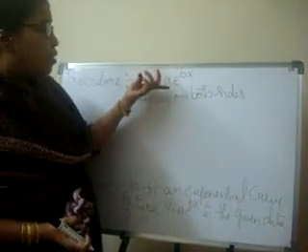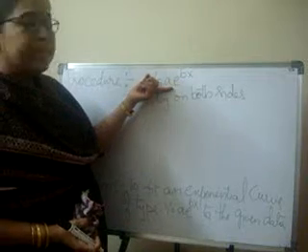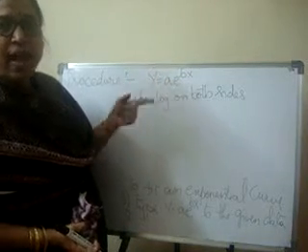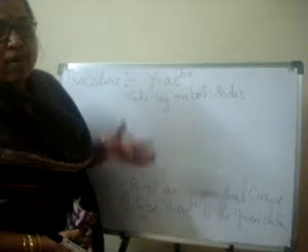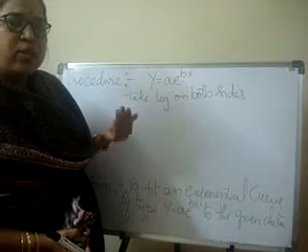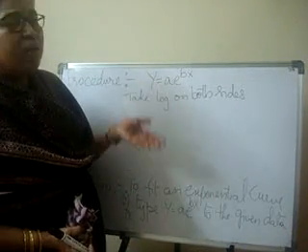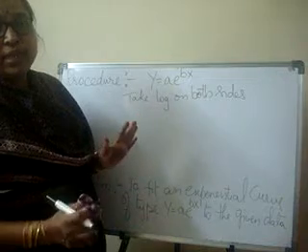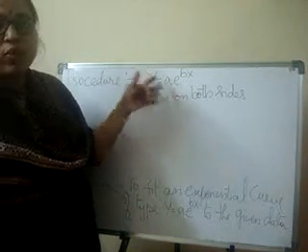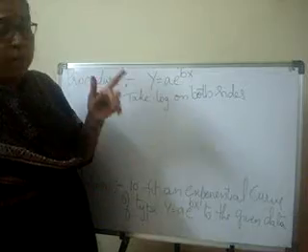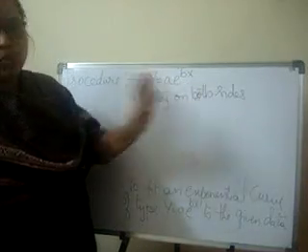We have to convert this non-linear curve into linear, and then only we can apply the principle of least squares. That principle of least squares, which was given by Lagrange, we can apply only to linear curves. So the given non-linear curve, we have to convert it into linear by taking log on both sides.